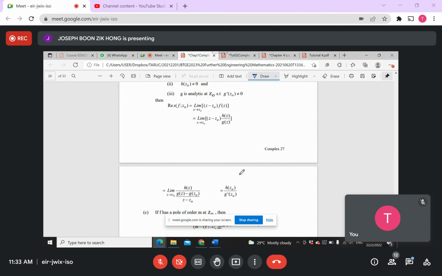Your residue will be this formula, where your f(z) is h(z) divided by g(z). So this will be your residue, which is h(z naught) over g prime(z naught). Later we'll see.